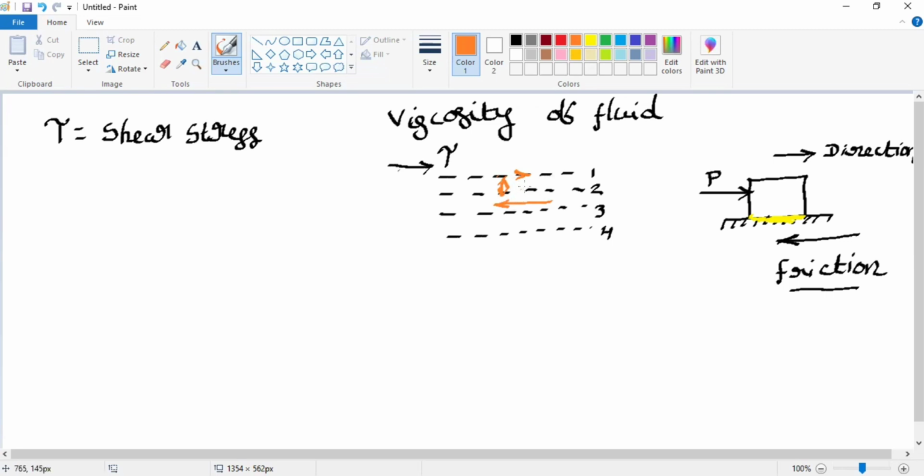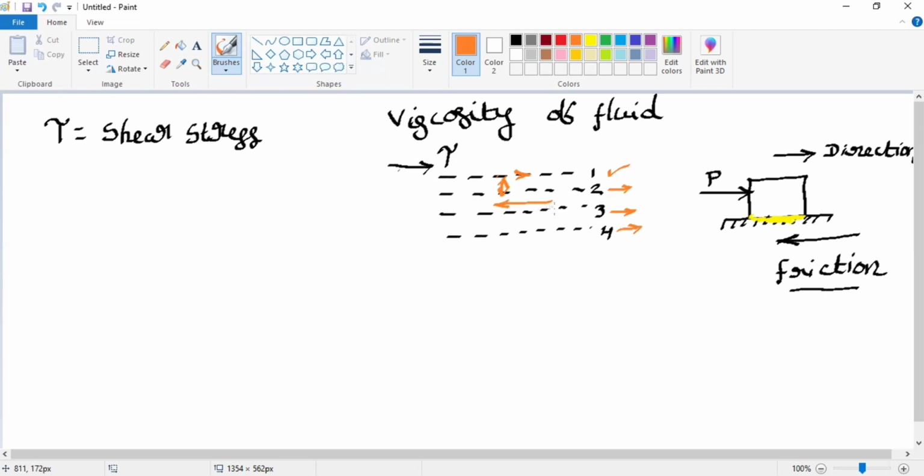Similarly, if the second layer moves, the third layer opposes its motion, and if the remaining three layers are moving, then the fourth layer opposes it.